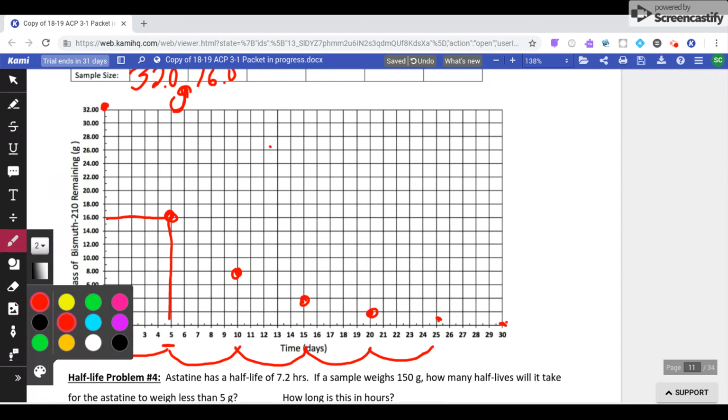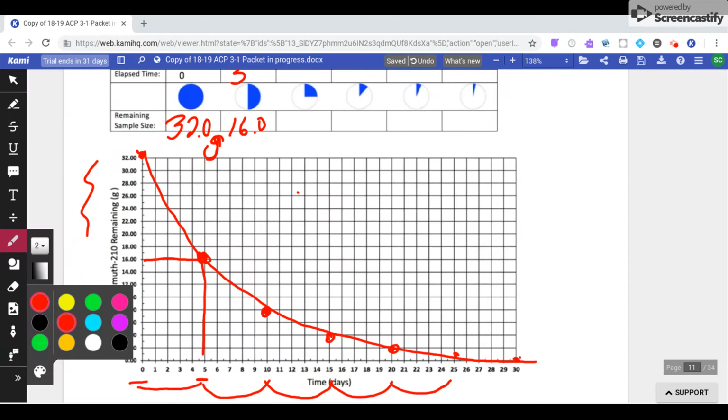Now we make a nice smooth curve, and it should look like every other graph that you've seen so far. They always look the same because it's always exponential. The only thing that changes really are the amounts on the side. Whatever you have here, this is always half of your previous value, and so forth.